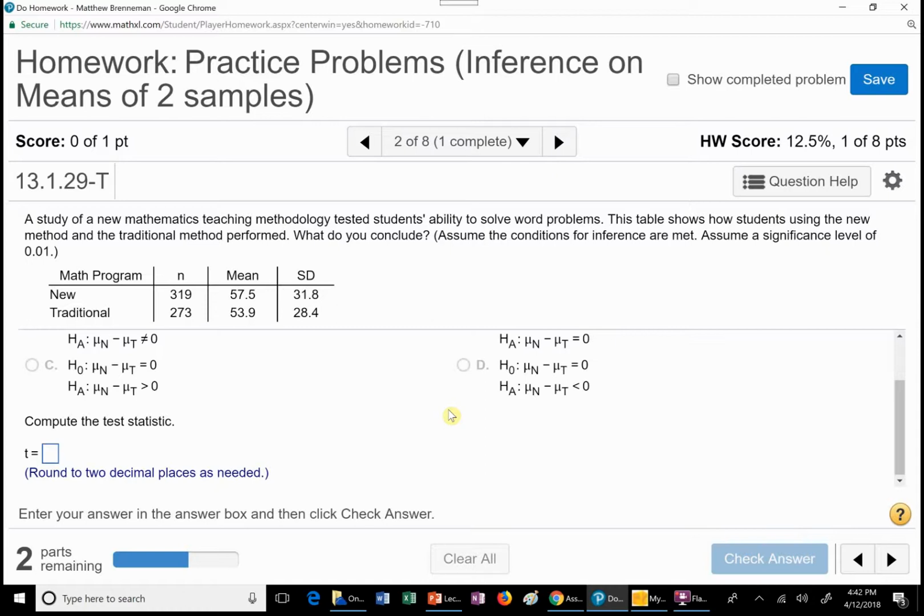I'm sorry to explain this. Why did you not equal to 0? Okay, so first of all, it wouldn't be less than. We're not going to be testing to see if the new test is performing worse. I mean, when somebody makes a test, they're going to be testing to see if it's at least as good, right? And so this is a situation where there is some ambiguity. You could choose greater than, but really the conservative thing to do when we really don't know is to use not equals.